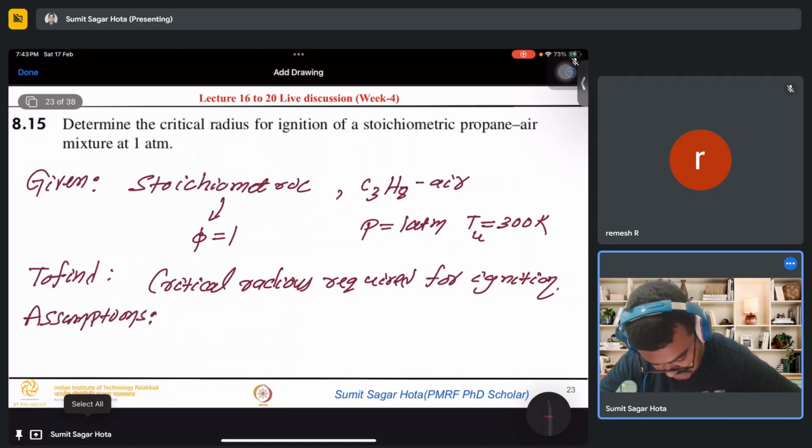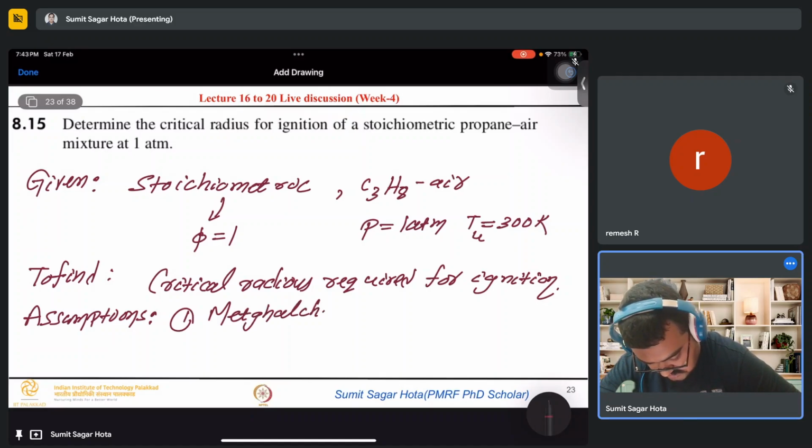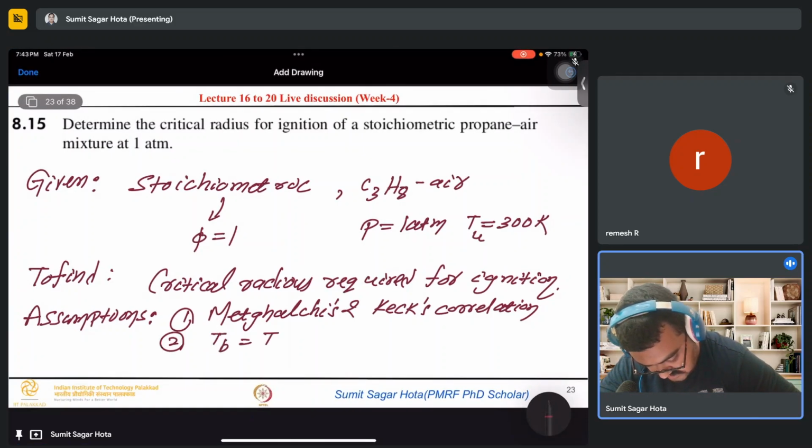You see, we just previously solved one very good correlation. That correlation will be applied here: Metghalchi and Keck's correlation. TB is equal to T adiabatic.